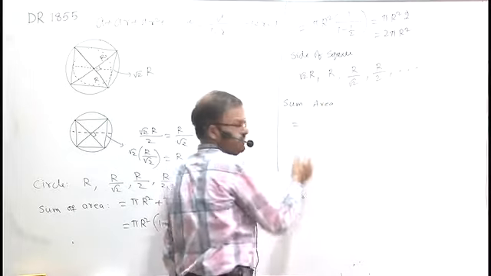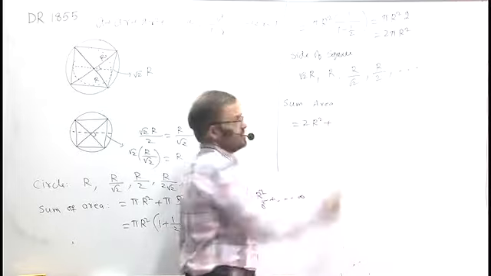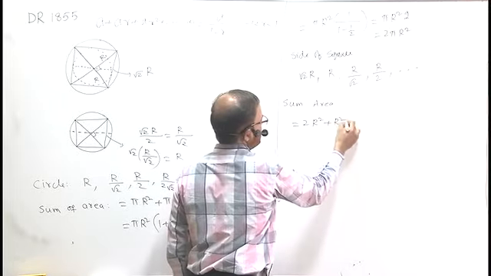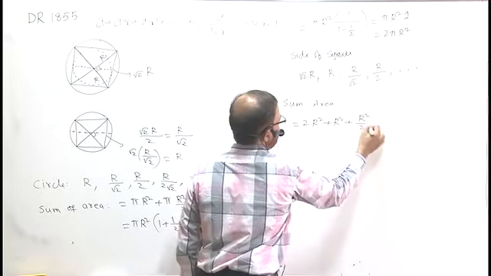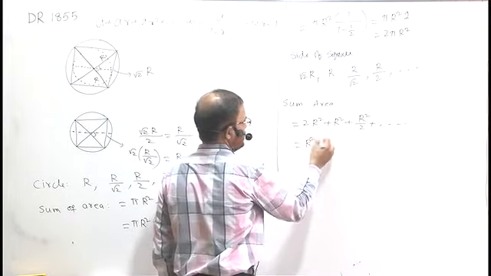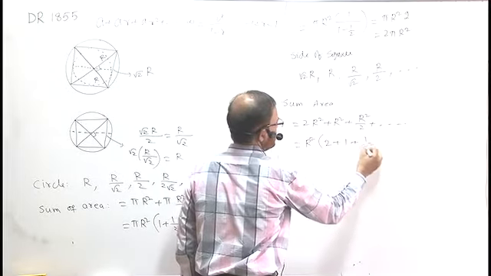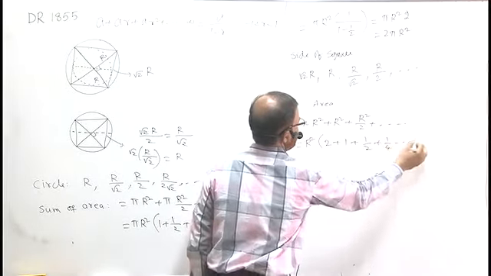Now I can say the sum of the areas: I write here 2 r square, next area r square, next area r square by 2, it goes on. Now r square is common, so this is 2 plus 1 plus 1 by 2, it goes on.